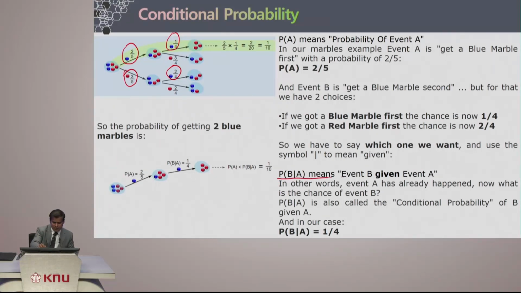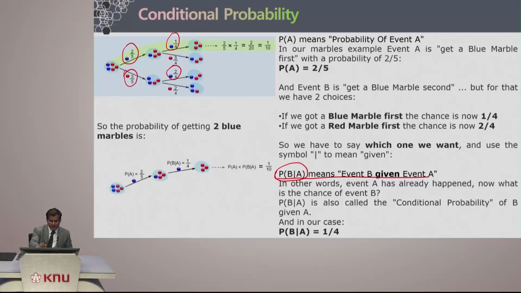P of event B given event A means that event A is already given to us, and we ought to estimate event B. So event A has already happened, and now you want to estimate the chances for event B. That's what this means: probability of B given A.